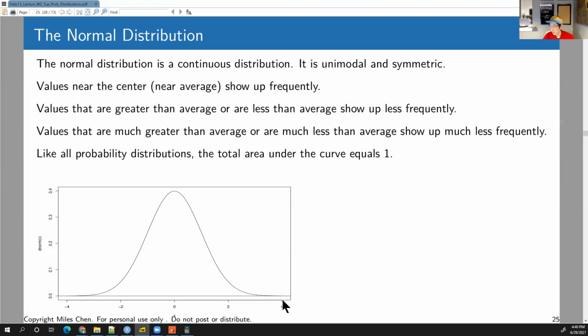So you have this thing that looks like a hill, and the total area underneath this hill, underneath the curve, is equal to 1. If you've taken calculus, and a lot of you have, some of you haven't, but don't worry, the integral is the area under the curve. So the integral of the entire distribution is going to be equal to 1.